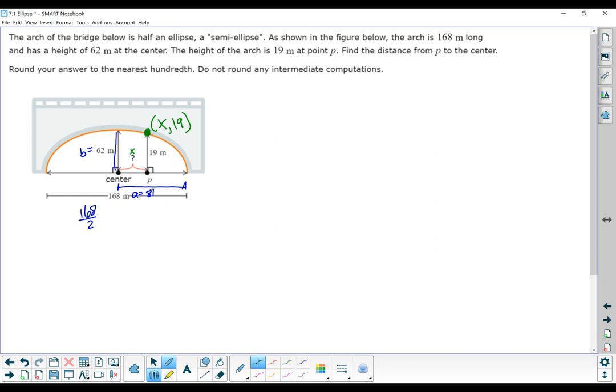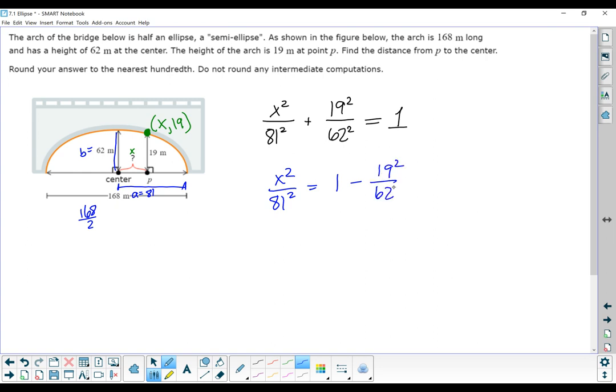So if we use that same idea to set up our equation, that will be x squared over 81 squared plus our y value is 19 squared over 62 squared, and that's equal to 1. So using the same ideas as last time, x squared over 81 squared equals 1 minus 19 squared over 62 squared.